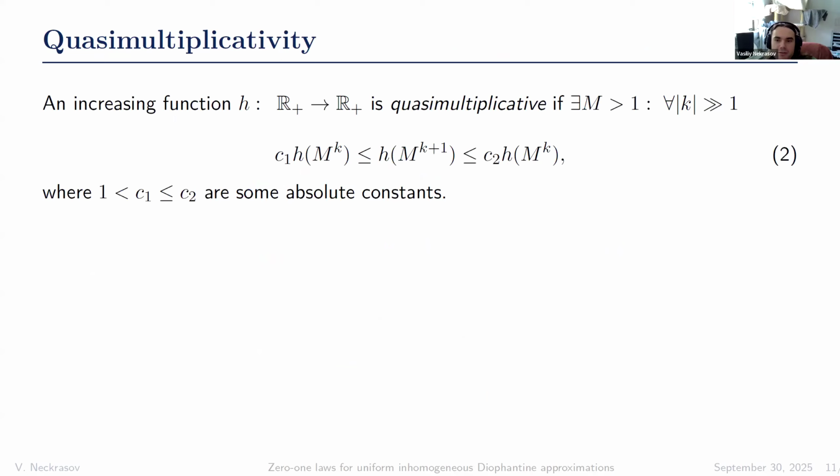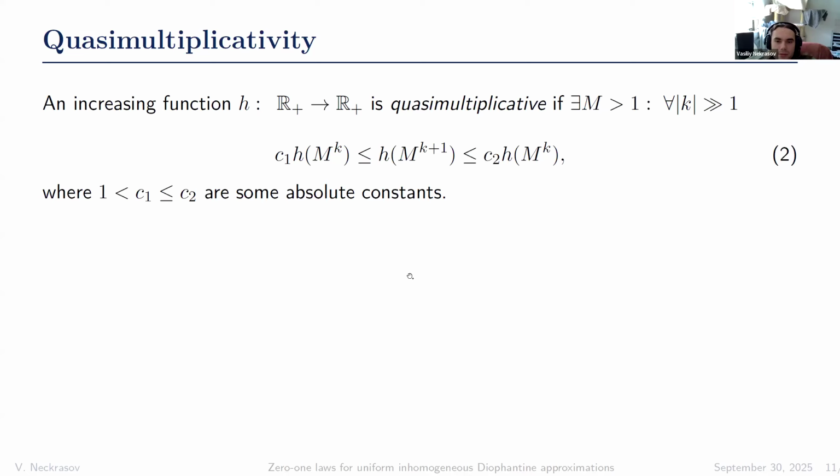To work with these functions, of course, we can define all these notions for arbitrary function tuples alpha and beta. But for these sets to have natural properties, to have interesting properties to satisfy our theorems, we still need some restrictions on these functions alpha and beta. In particular, what we will require from now on, starting from this slide, for the functions which will be called alpha and beta throughout the text, is a property of quasi-multiplicativity.